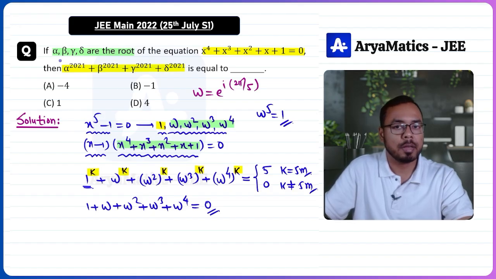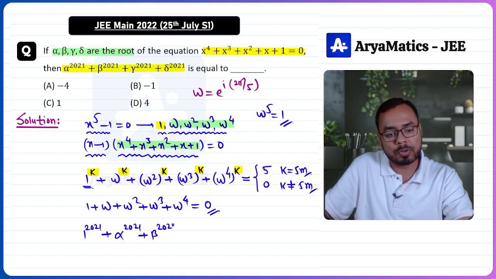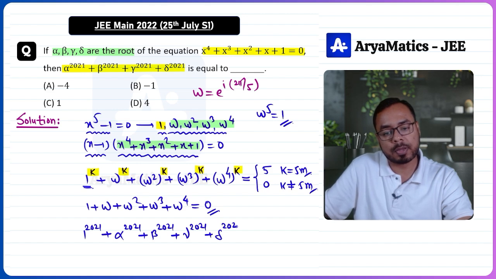Now here, if alpha, beta, gamma and delta are the roots of this equation, then it means 1 raised to 2021 plus alpha raised to 2021 plus beta raised to 2021 plus gamma raised to 2021 plus delta raised to 2021.